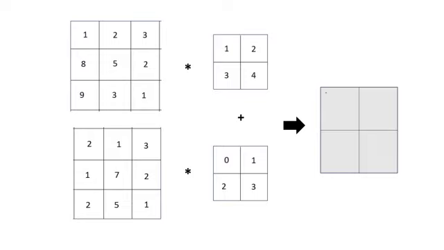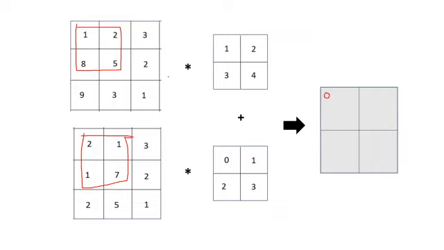Now suppose we are trying to gauge the information at this first point. Naturally, as you have seen in the previous video, this is going to be the window. Now you have two channels, so you have two matrices, and you have two kernels, one for each input channel.